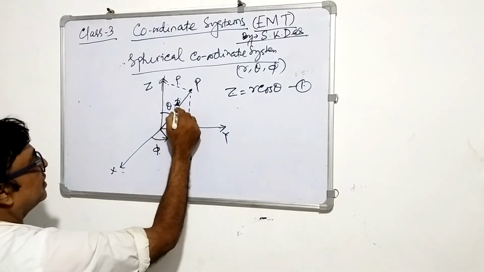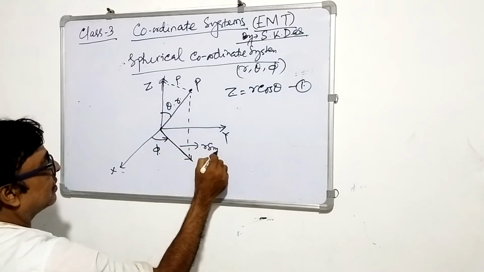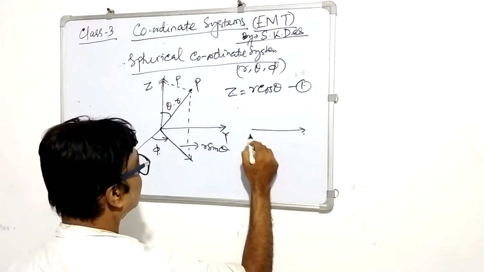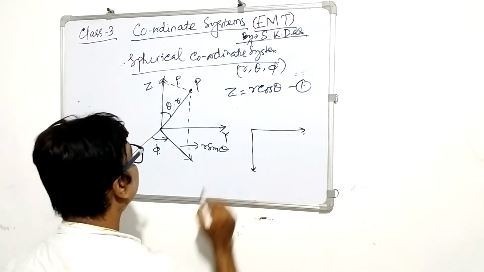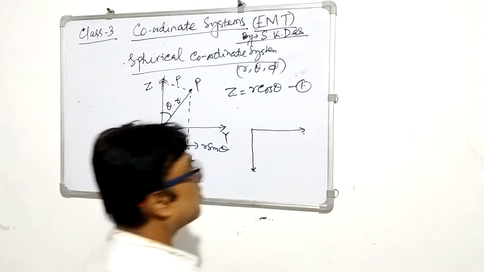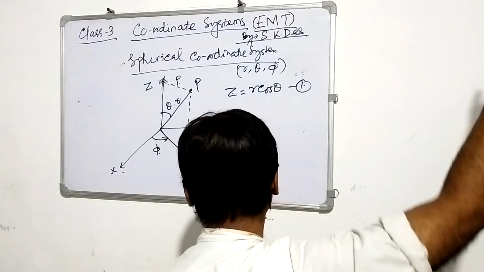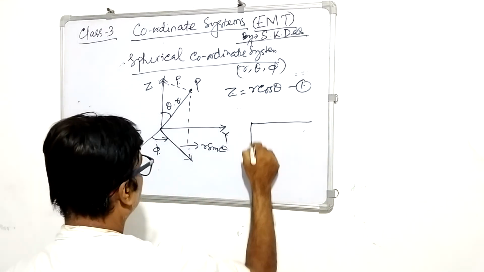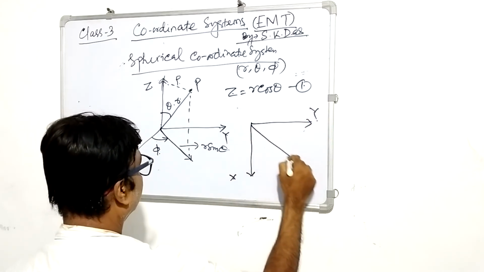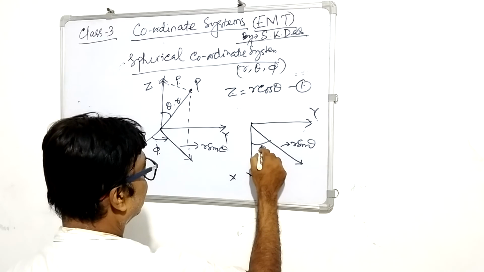Now if z is equal to r cos theta, this will be r sin theta. Now if we resolve this, let us take this one. This is x, this is y, and this one is r sin theta, and this angle is phi.